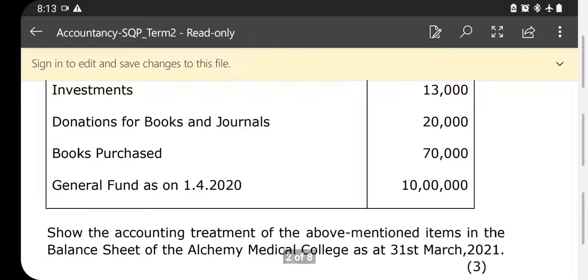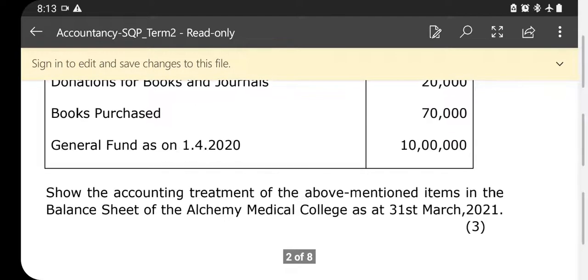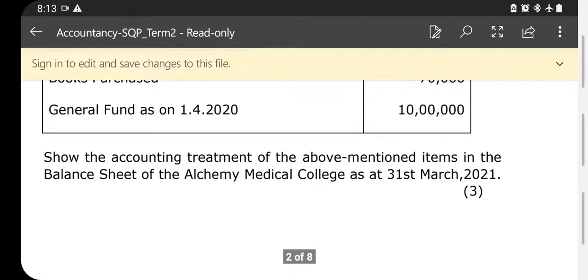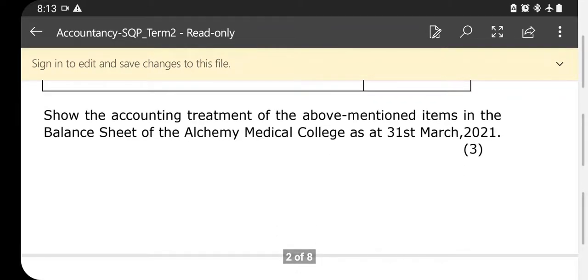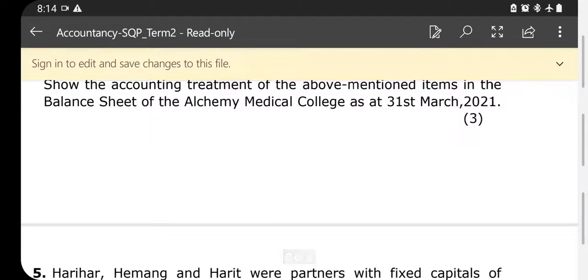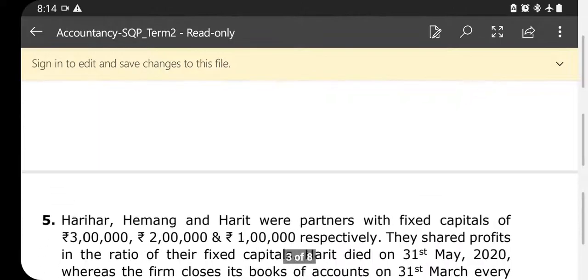Donations for books and journals 20,000. Books purchased 70,000. General Fund as on 1st April 2020, 10 lakhs. Show the accounting treatment of the above mentioned items in the balance sheet of the Alchemy Medical College as at 31st March 2021. This question carries 3 marks.